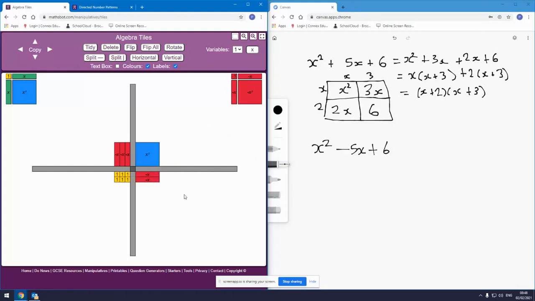Now, of course, the slight issue for me here is that that looks like it's separate.